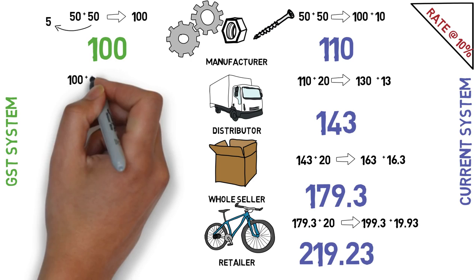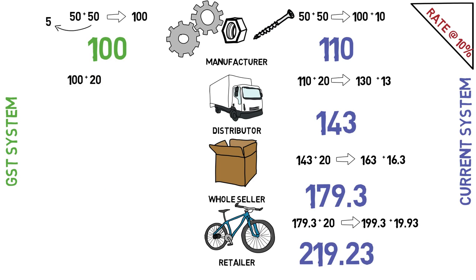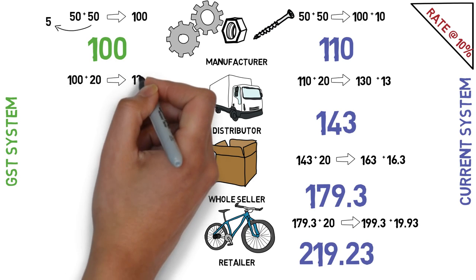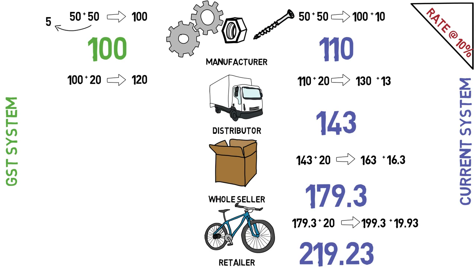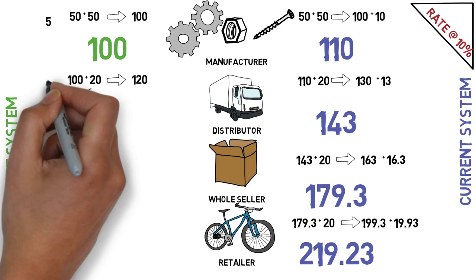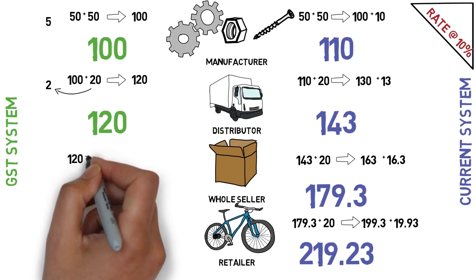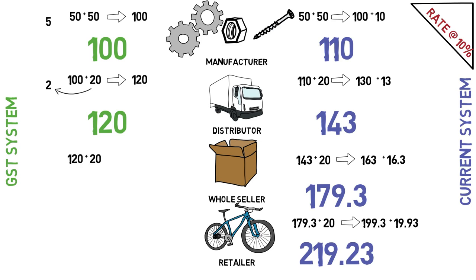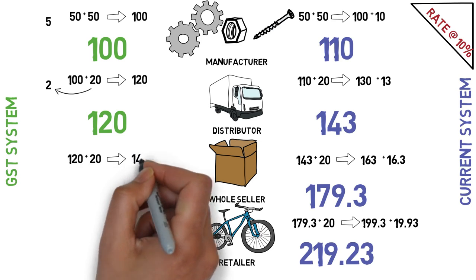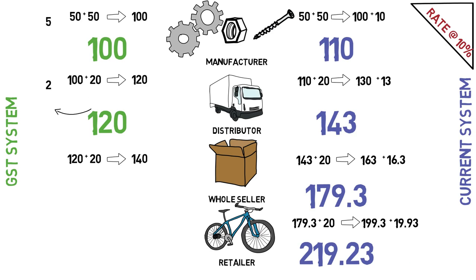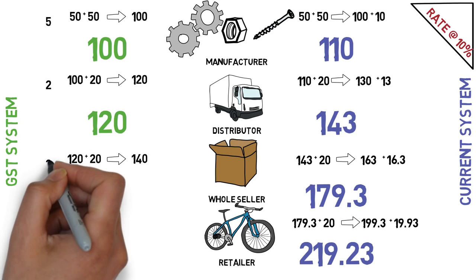Then the distributor adds 20 rupees profit and the product becomes of 100 plus 20, which is 120 rupees. He pays the tax of rupees 2 on his profit of 20 rupees. The wholesaler buys the product for 120 rupees and follows the same pattern, adding 20 rupees his profit, and price will become 140 and pays the tax of rupees 2 on his profit of 20 rupees.